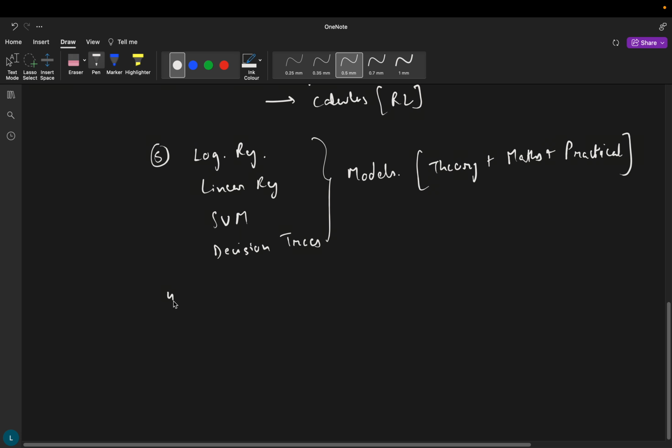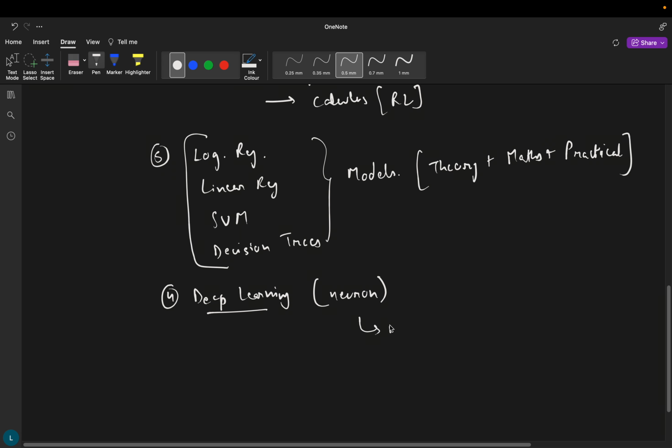Then the next step is you can start with the deep learning concepts. In machine learning, you use pre-made models, but in deep learning, we are going to train our own models with the help of neurons. There are many neuron layers in which the training occurs, and we can train our own models with the help of these neurons.